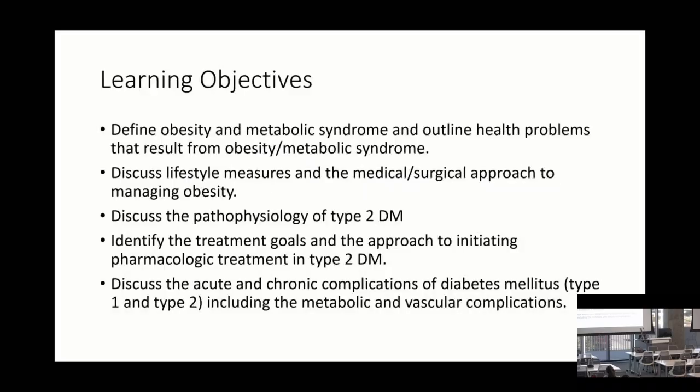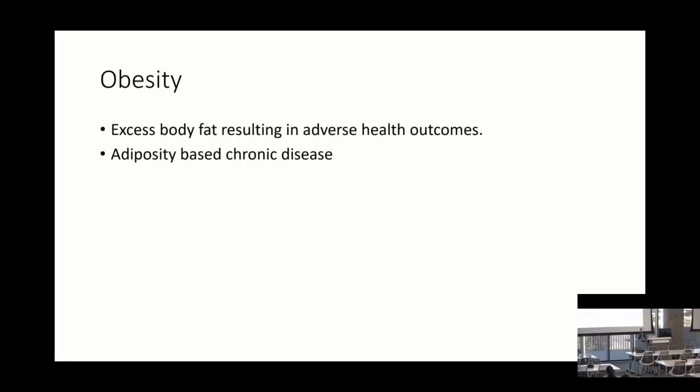Okay. So type 2 diabetes, obesity is excess body fat resulting in adverse health outcomes. There's a term called adiposity-based chronic disease, and the point of that is to recognize that obesity is not just being fat, like we think about. Obesity is a metabolic problem, okay?